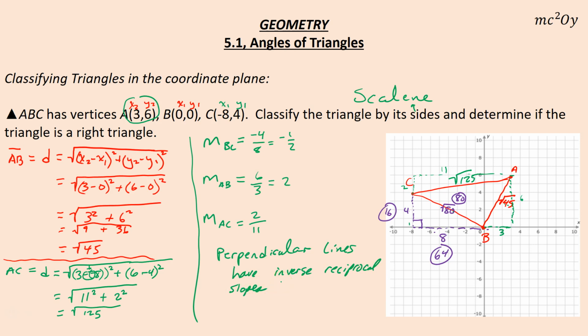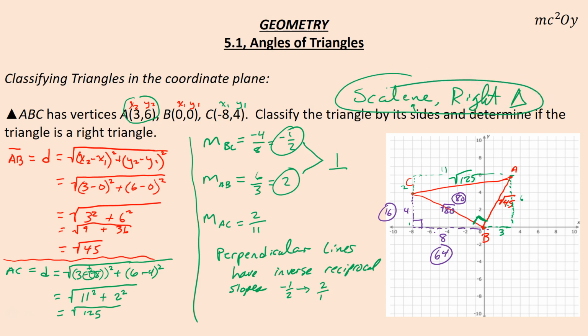So in other words, if you take your slope, -1/2, and flip it, that would become 2/1, and then take the inverse, which makes negatives positive and positives negative, means the inverse reciprocal of -1/2 is 2, which happens to be that. So these are perpendicular. So BC and AB are perpendicular. That means they intersect at a right angle, meaning, yes, this is a scalene right triangle.